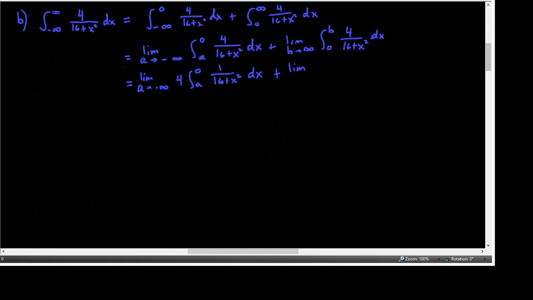And I believe it is. 1 over 16 plus x squared dx.